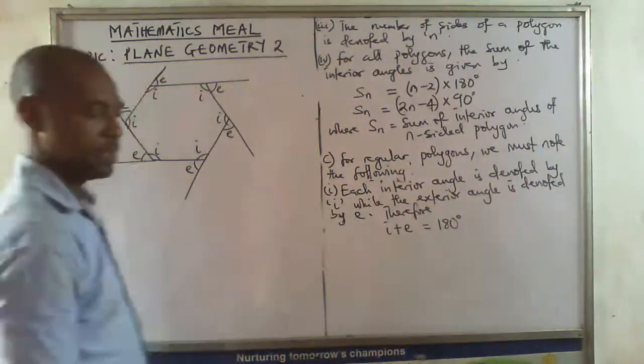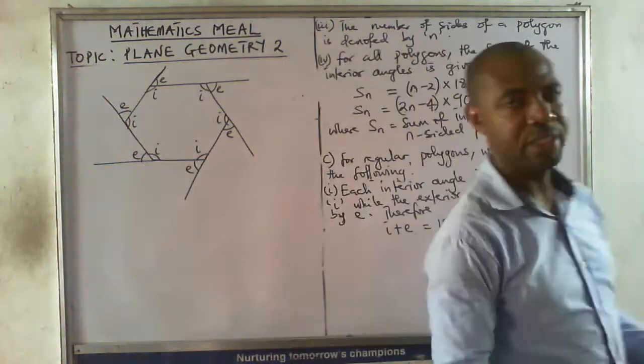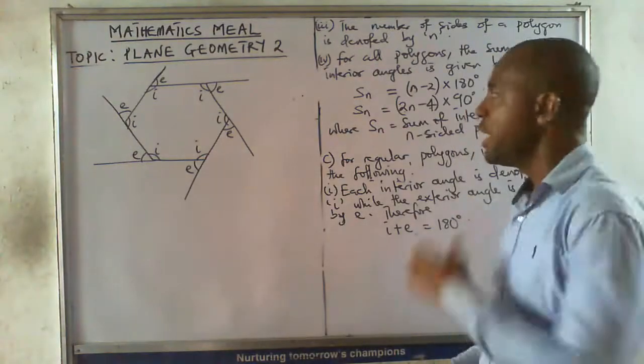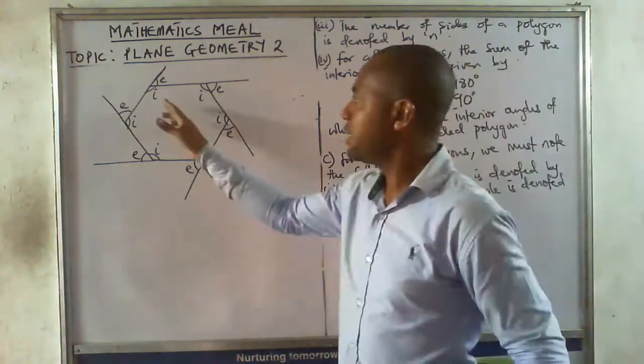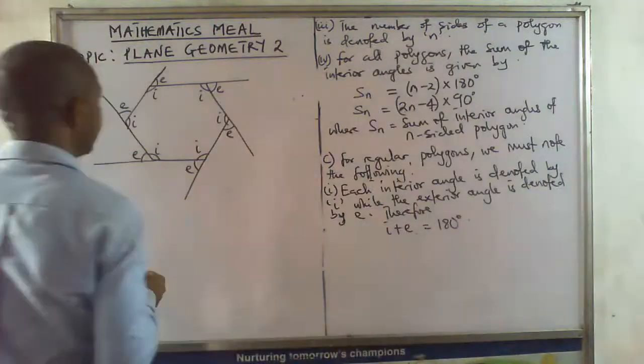Just follow me, because we want to make life easy for you when you want to do calculations. Now, can you see that this is a 6-sided polygon, right?